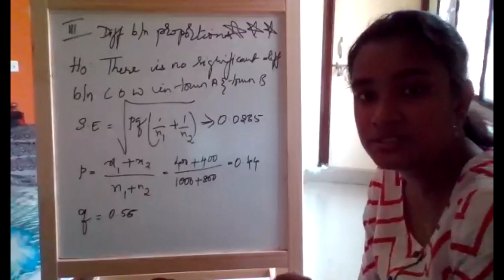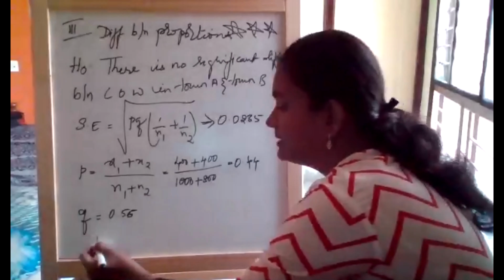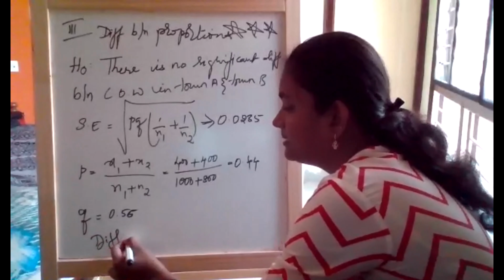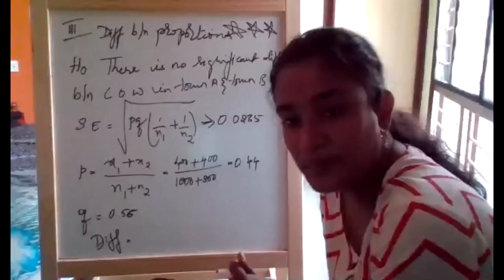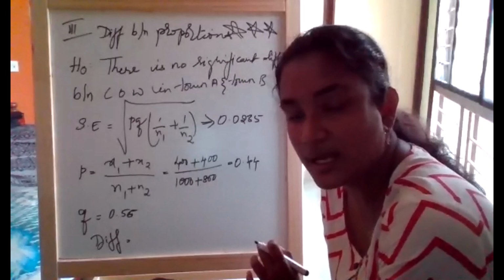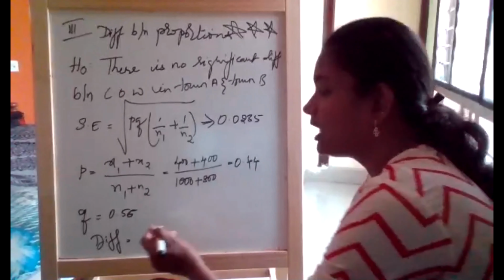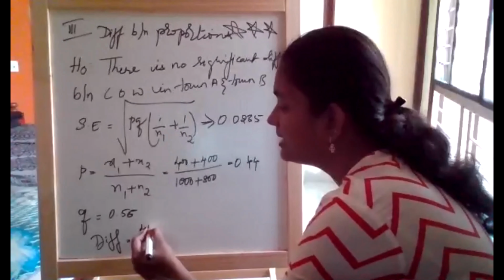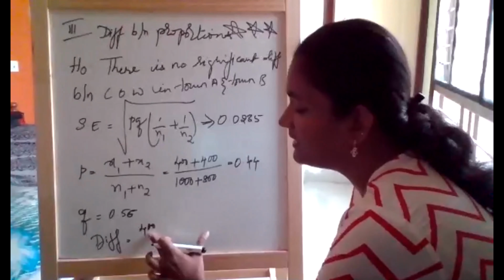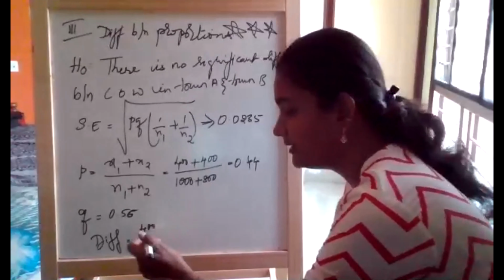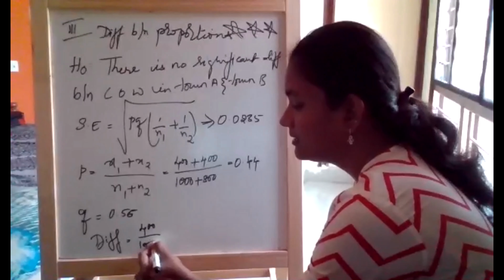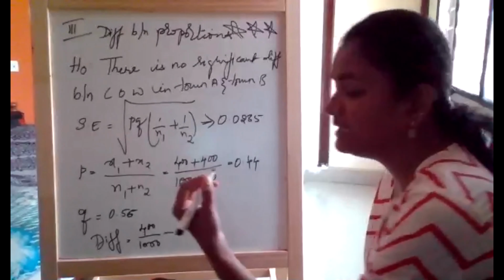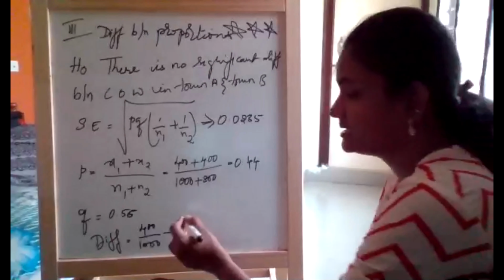The difference is nothing but the success of sample 1, town A, minus the success of town B, so it is the consumers of wheat. The number of favorable cases, consumers of wheat, divided by the total equally likely cases, which is the population.